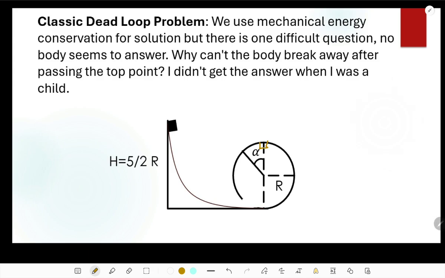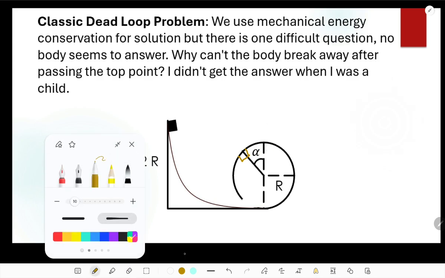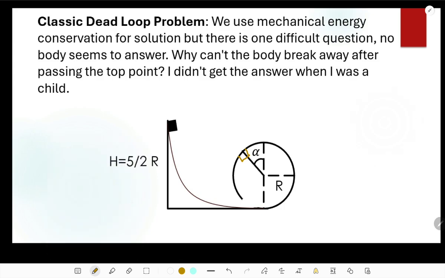I would like to take this block at this position, not exactly here, at some angle alpha with the vertical. Let the mass of the block be m.